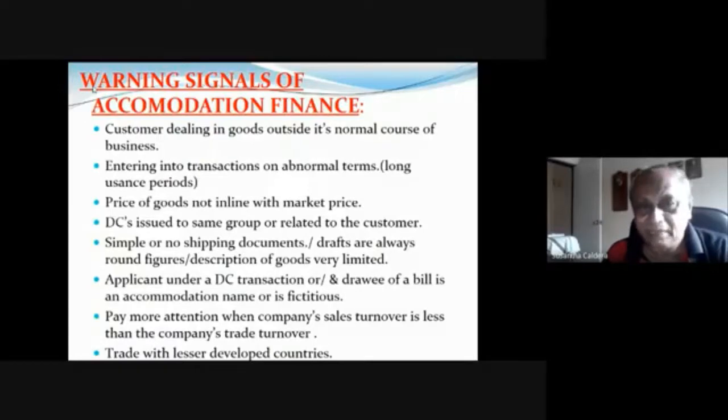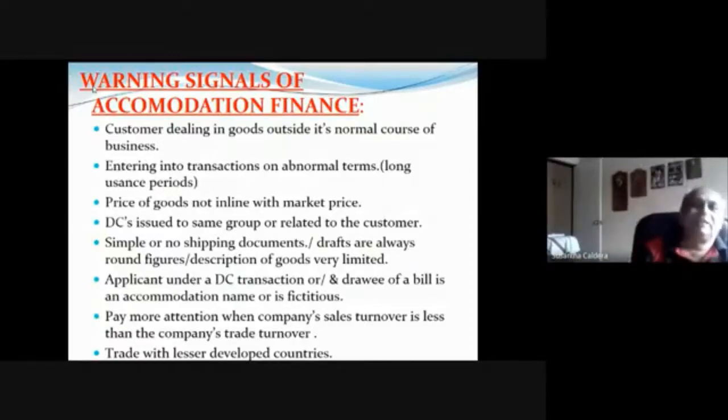Price of goods not in line with market price. We talk about it. LC is issued to the same group or related to the customer. Inter-family business. Simple or no shipping documents. Drafts are always round figures, for example $3 million, 3,000,000.